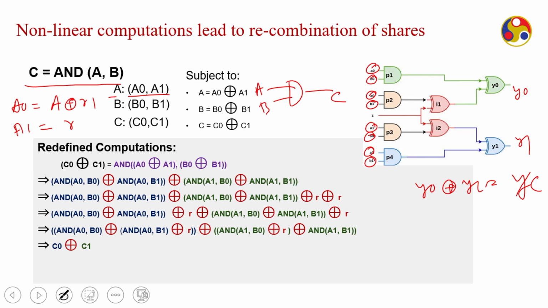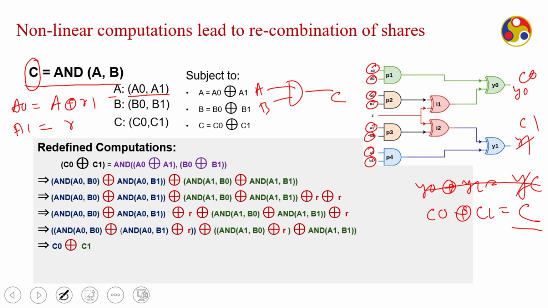Or say I would say this is C0, this is C1, and if you do C0 XOR C1 you will get C, the actual value that was computed earlier.